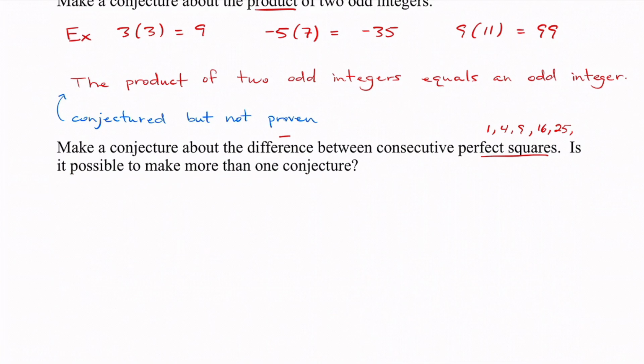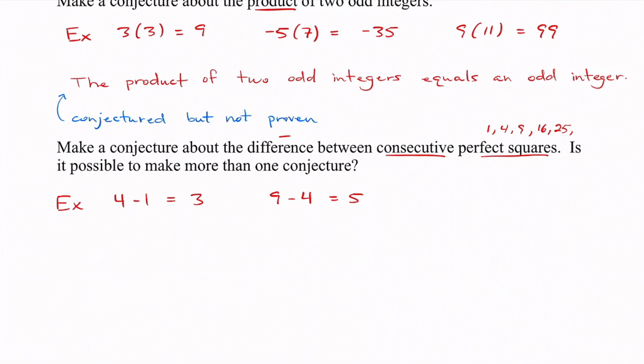So we're going to try to come up with something first. Again, we're going to base it off some examples. Let's take some perfect squares and subtract them. For the first one, 4 and 1: 4 minus 1 gives 3. Then the next two, 9 and 4: subtract those, I get 5.